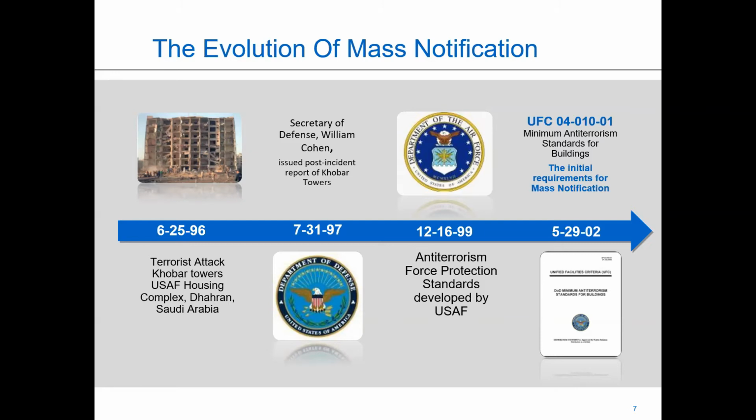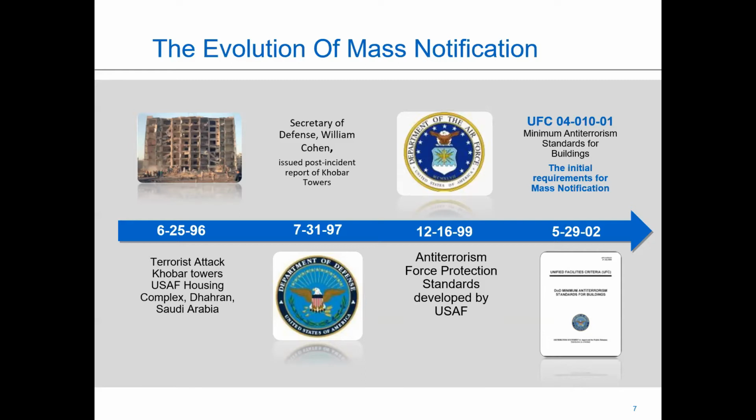It's where it started. Everything came from anti-terrorism and standards developed by the Air Force back in 1999, where they created a UFC criteria for these attacks and started putting guidelines together based upon terrorism acts. And that's where it started.